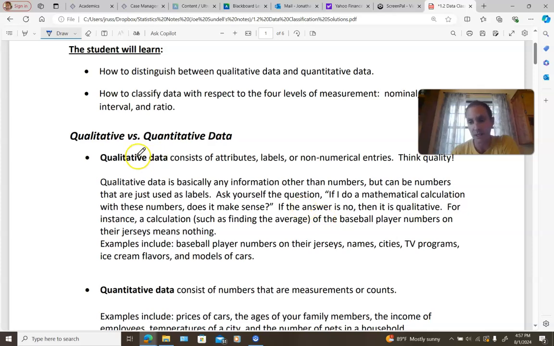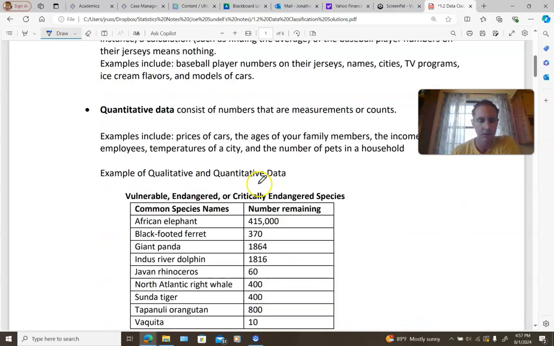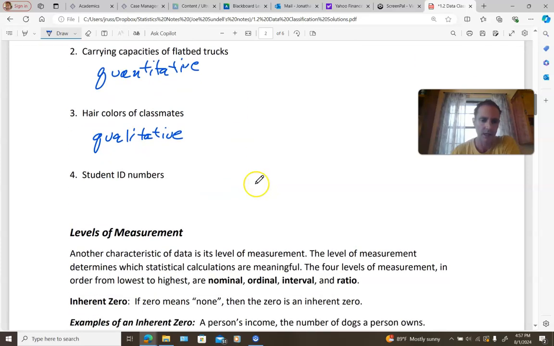That is qualitative data, even though it's numerical. So this last one, student ID numbers or social security numbers or anything like that, is just qualitative data, because it just identifies. So qualitative. You'll have a few questions in which you have to identify the type of data, be it qualitative or quantitative.